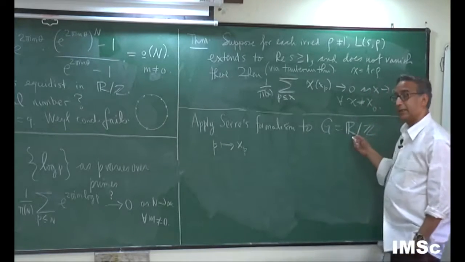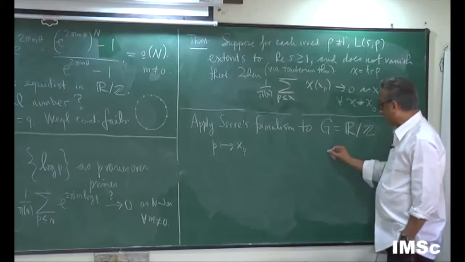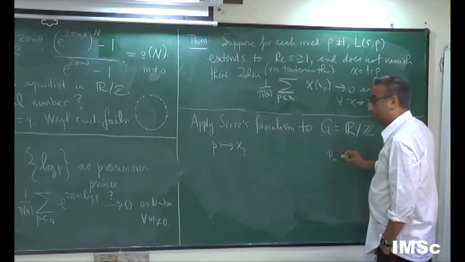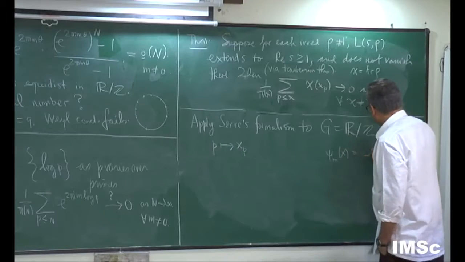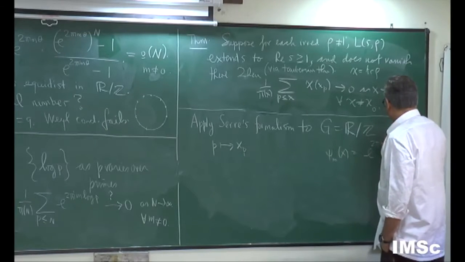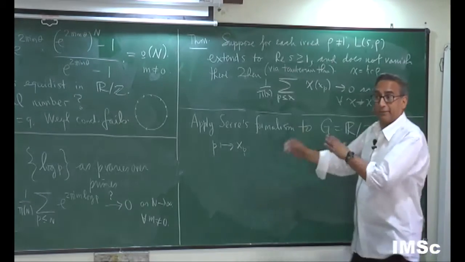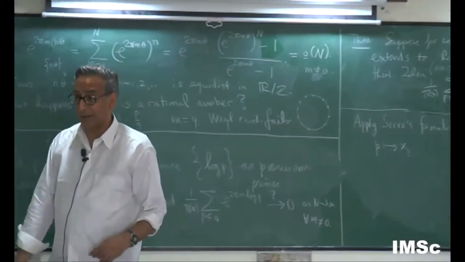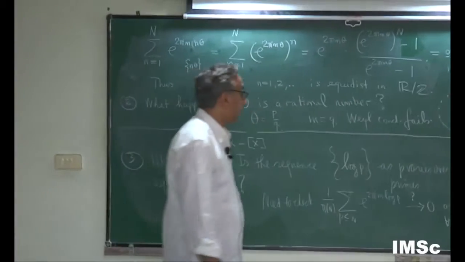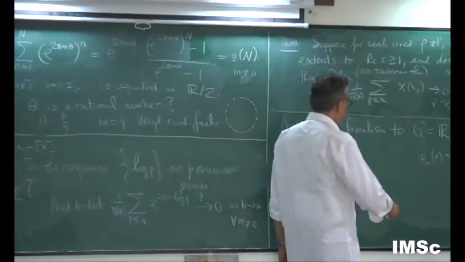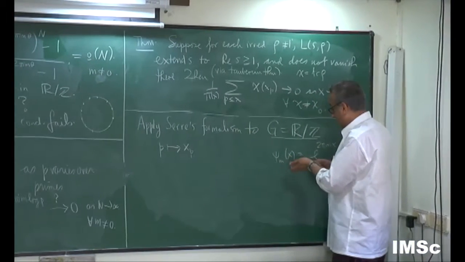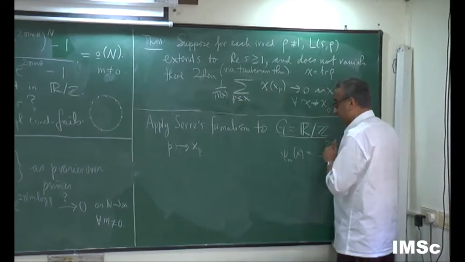This group is an abelian group. All characters are given by psi sub m of x is simply e to the 2 pi i m x. Now, I'm not going to prove this. That's a theorem from group theory, or representation theory, or whatever you want to call it. So this is a compact abelian group actually. So all characters are given by this.